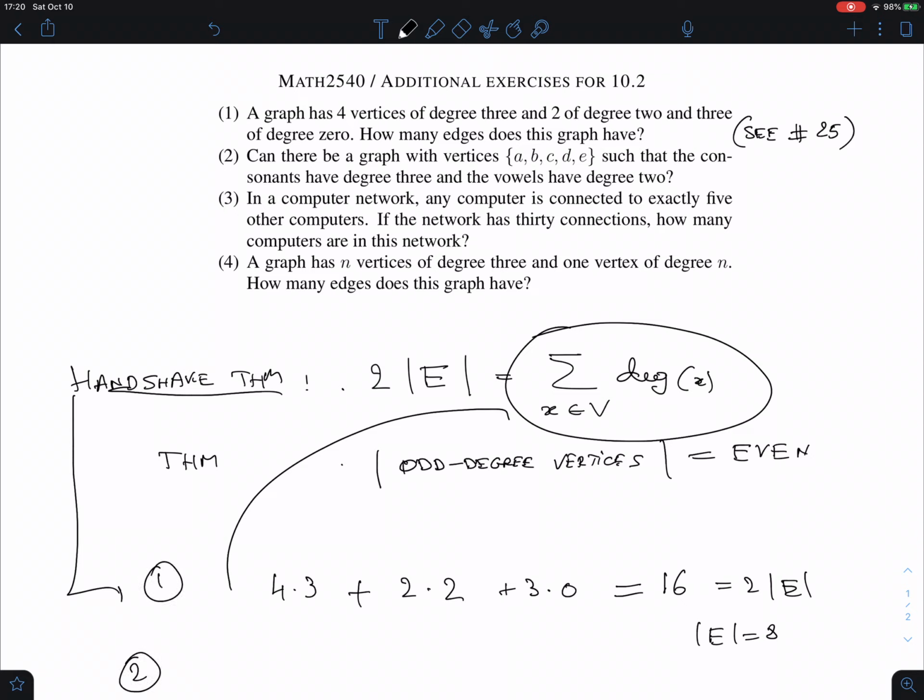So what about 2? Can there be a graph with vertices A, B, C, D, E such that the consonants have degree 3 and the vowels have degree 2? One way to show this is by drawing such a graph and saying, here it is. But let's think a little bit about what we are saying here. There seem to be 2 degrees.